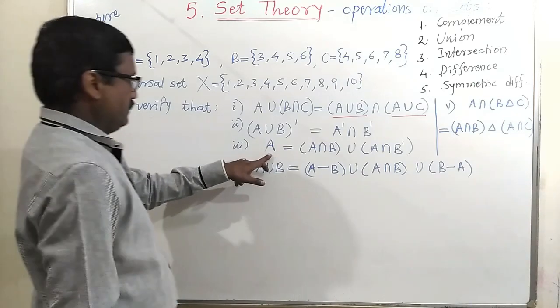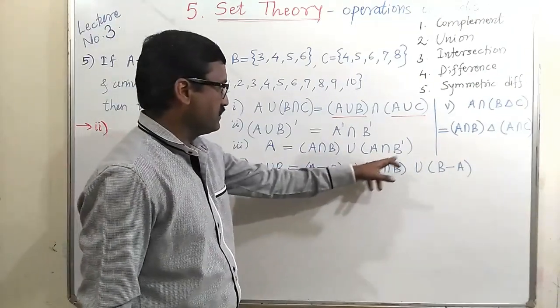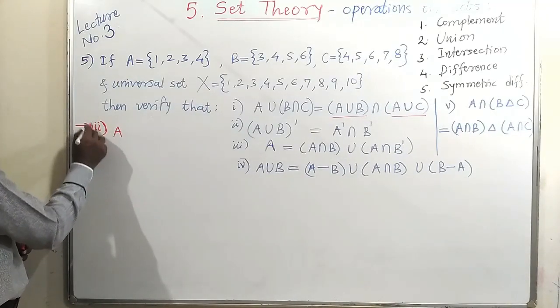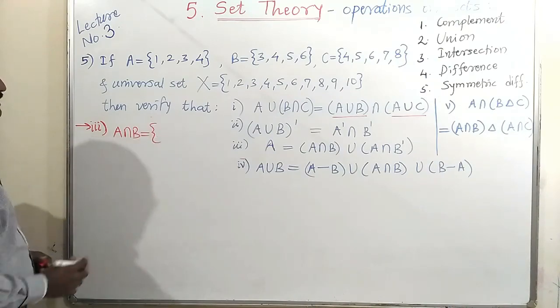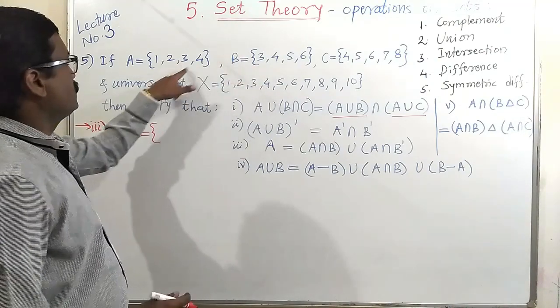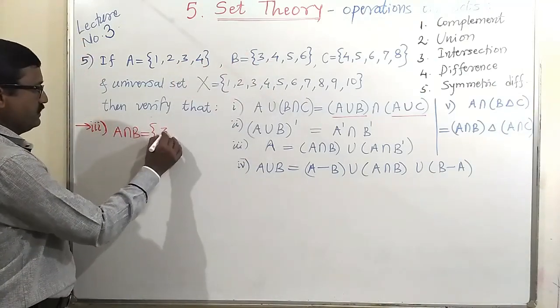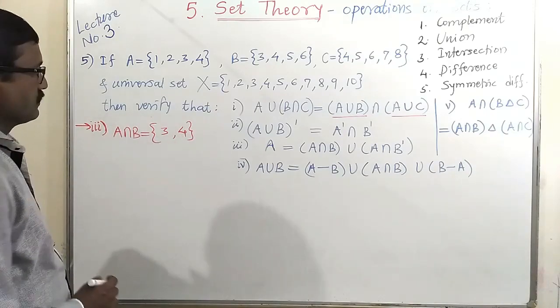In result 3, on the LHS only set A is given, and on the RHS A intersection B and A intersection B complement. Let us write A intersection B first. What does A intersection B mean? Common between these two. Those are nothing but 3, 4. So A intersection B is the set containing elements 3 and 4.